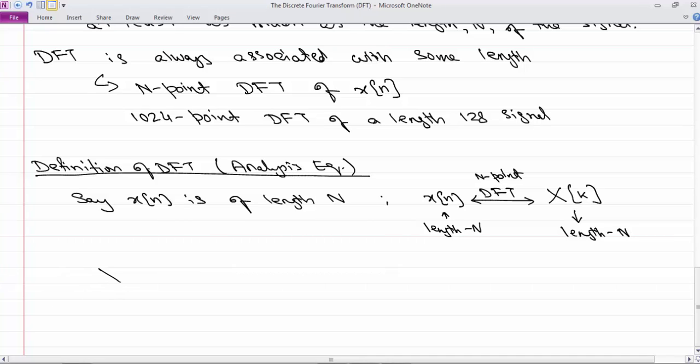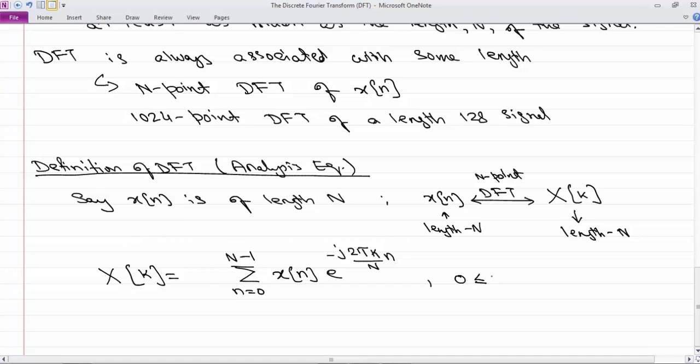So what is the expression for DFT? It is X[k] equals the summation for n from 0 to N minus 1 of x[n] e to the minus j 2 pi k over capital N times little n.